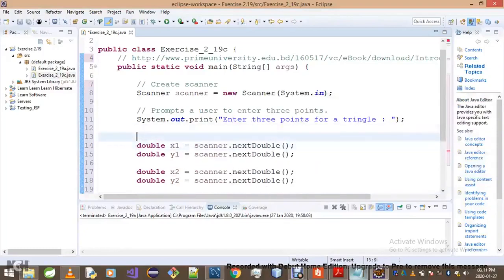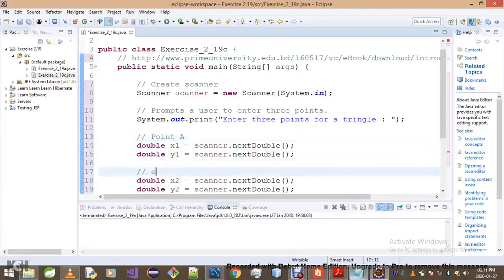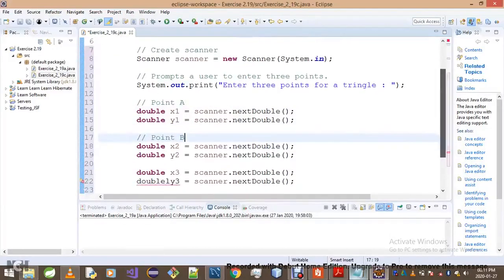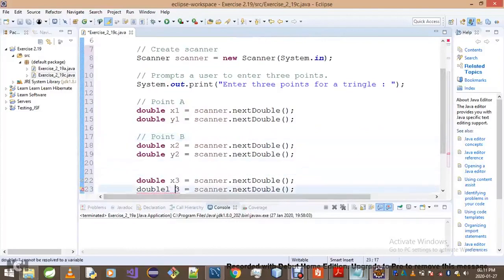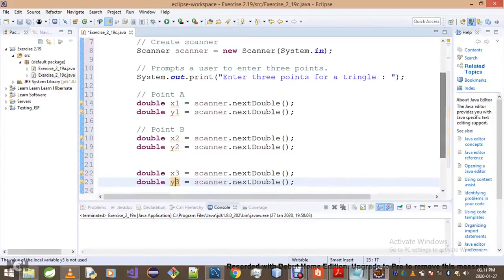Again, perhaps you might want to say point A and point B. And then lastly, why did I put a Y there? Okay, it's double. Oh, I should have put a Y. I shouldn't have put that L over there. Okay, so this is our point, this is our point C.